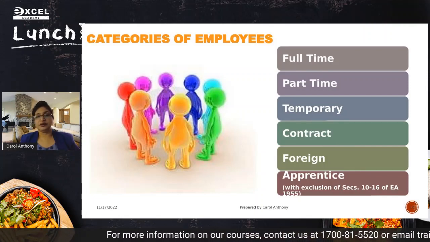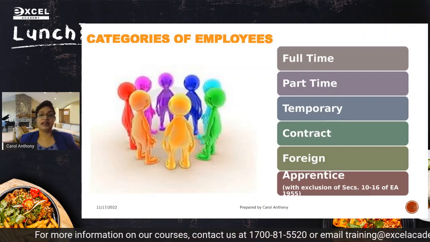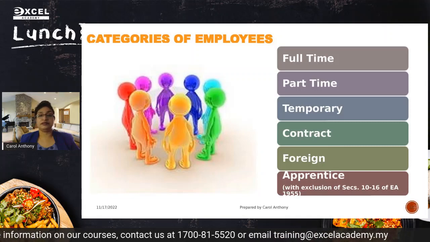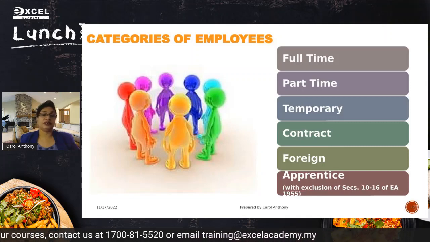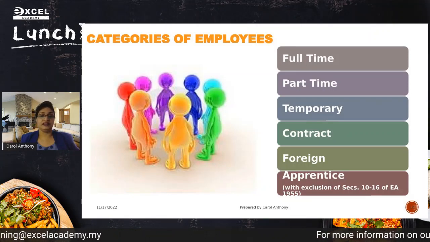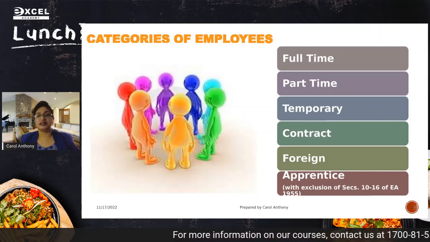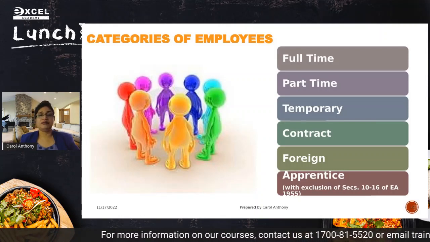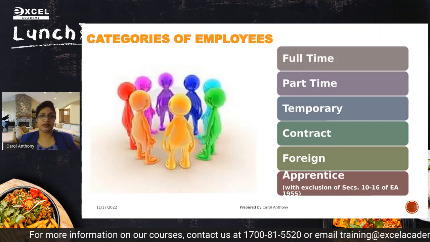Part-time could be they only work Mondays to Wednesdays, 9 to 5, and Thursday, Friday they don't come to work. Or they work from 9 to 1, Mondays to Fridays, half a day only. It could be any number of hours or days that they work. They can be called a part-time employee.